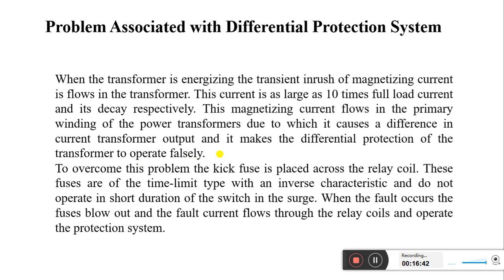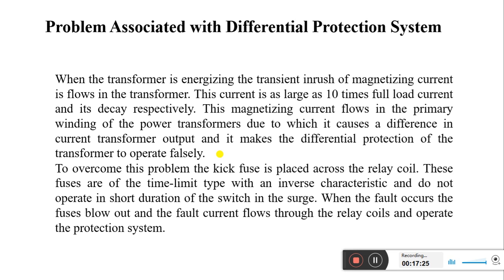So what he is explaining is that, you might have also observed, if there is no power supply to the transformer and the supply is switched on, a humming noise comes out of the transformer. If you are nearby, you may hear this type of noise. Why does it happen? Because when the supply is switched on to the transformer and all loads are connected, there will be an inrush current of about 10 times the full load current flowing, and as soon as the system stabilizes, this current will decay gradually.